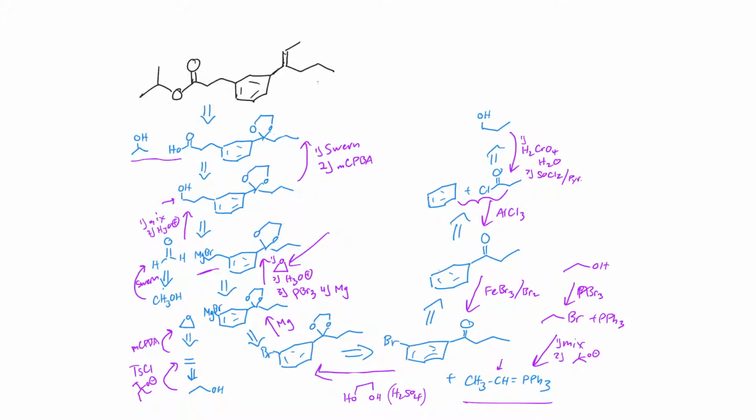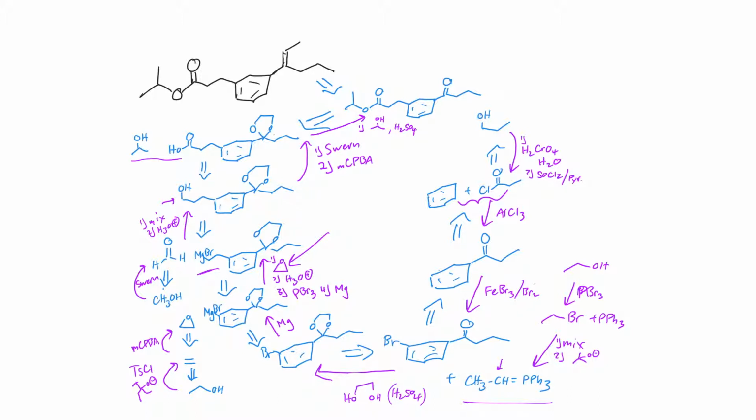And okay. And then this would go here. So I can erase this, that double arrow there. Okay, so now I can take isopropanol and catalytic acid and make my ester.